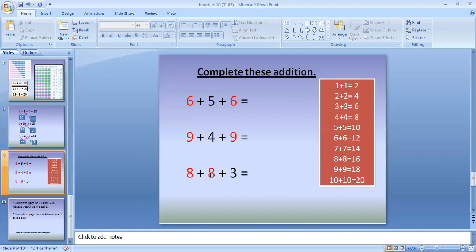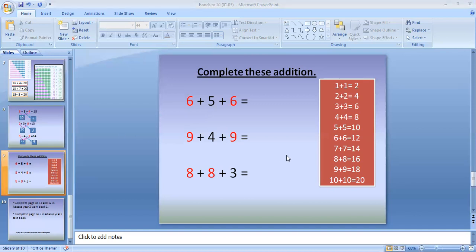Here also it is the same, 8 plus 8 plus 3. In all these sums, I have repeated one number 2 times: 6 plus 6, 9 plus 9, 8 plus 8.